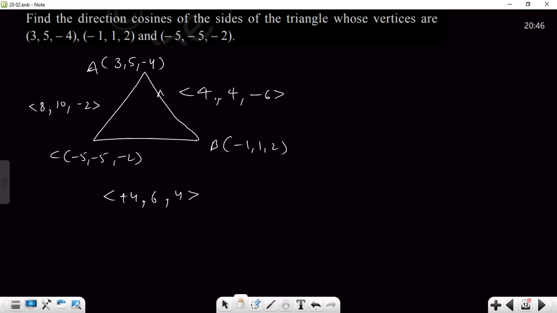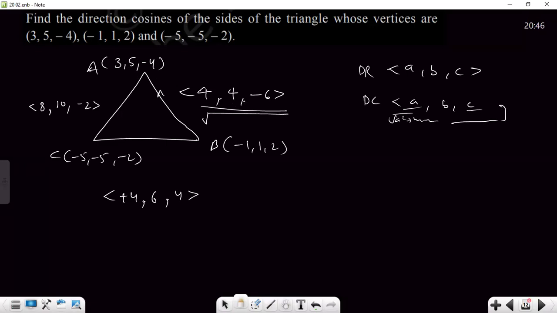Now to find the direction cosines, we'll divide by the square root of a square plus b square plus c square, if a, b, c are the direction ratios.